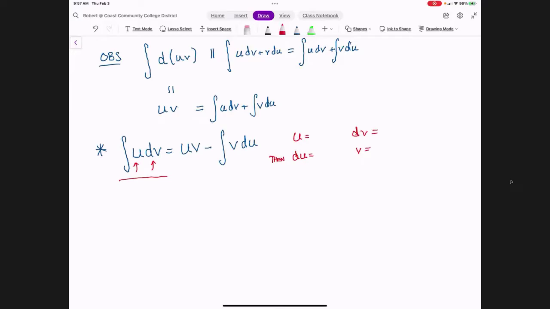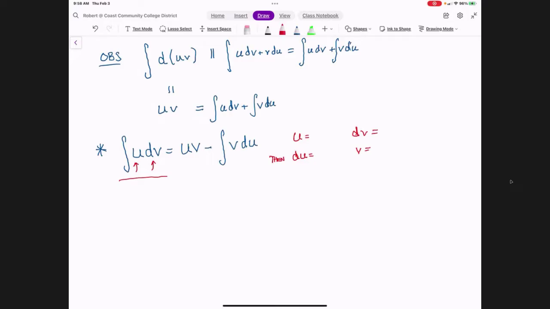So the idea here is to apply this formula, and hopefully the resulting integral that's left over, that minus v du thing, is easier to do than the one you started with.